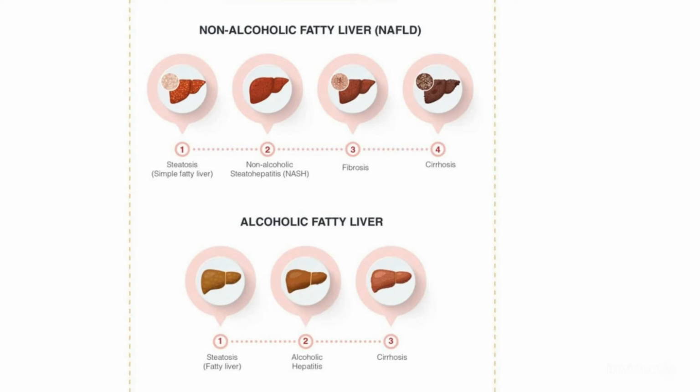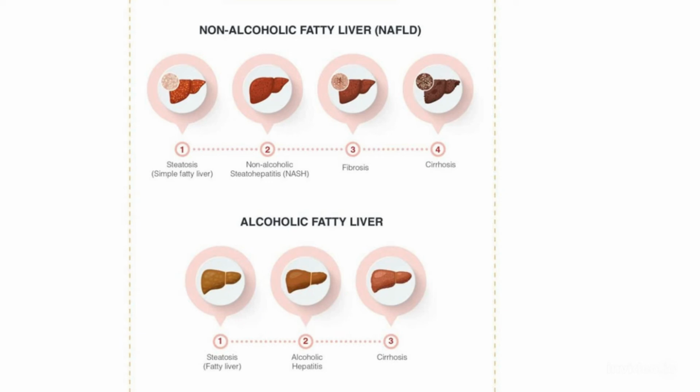Alcoholic fatty liver occurs in three stages. Stage 1, fatty liver, is characterized by excessive accumulation of fat inside the liver cells. Heavy drinkers usually get to the fatty liver stage in their early years of alcohol abuse.